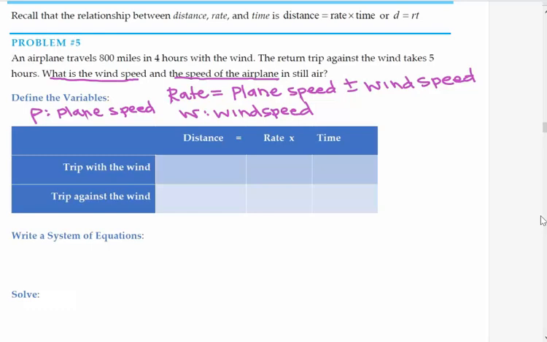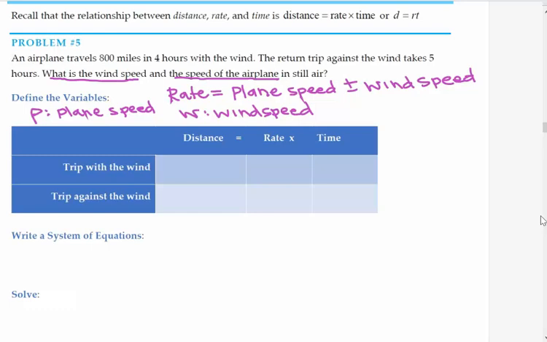Okay, and then keeping in mind that my rate is plane speed plus or minus the wind speed. And I can't mix those up. I can't put wind speed plus or minus the plane speed. The plane speed has to go first because the plane speed has to be higher, a higher number than the wind speed in order for the plane to stay in the air. We can't have a higher wind speed than the plane speed.